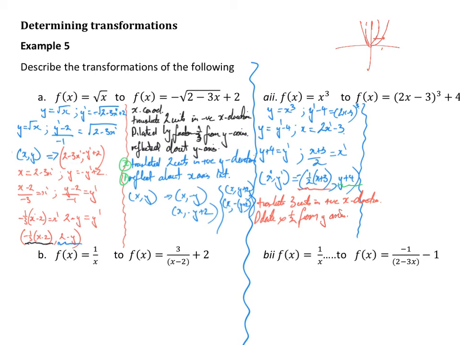If the y value gets a value of 4 added to it, we simply translate 4 units in positive y direction. Okay, so there's the transformations that took place on that one.